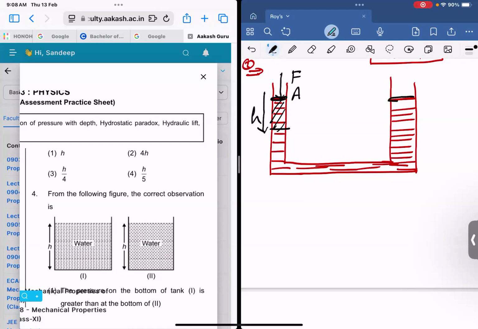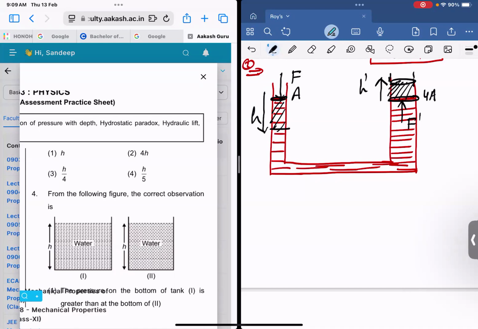Here the cross sectional area is 4A. And what force will act here, we don't know. Also, you have to tell how much height it will go. If this side level goes down by this much, this side level should go up.